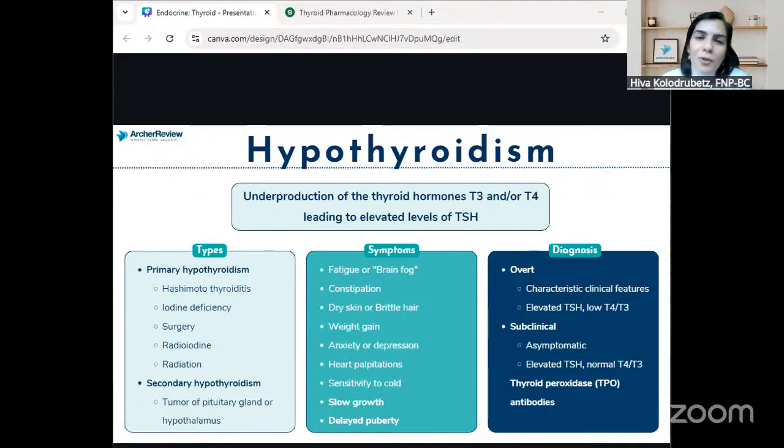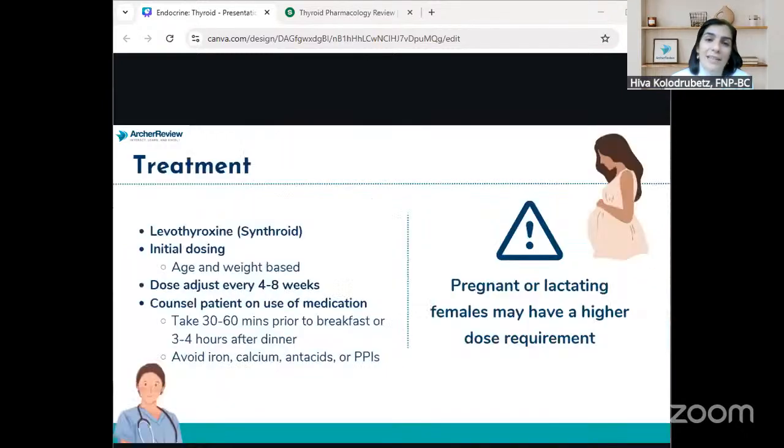So best clinical practice is if they're in that subclinical stage, we're just going to watch and wait, right? We're not going to be treating these patients until they're really overtly showing signs and symptoms of hypothyroidism and they have an elevated TSH over 10 with those low levels of thyroid hormone. So that's good for us to know just because we want to be practicing best evidence-based practice in medicine when we get out there, right?